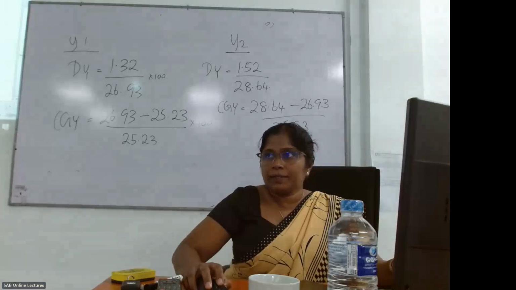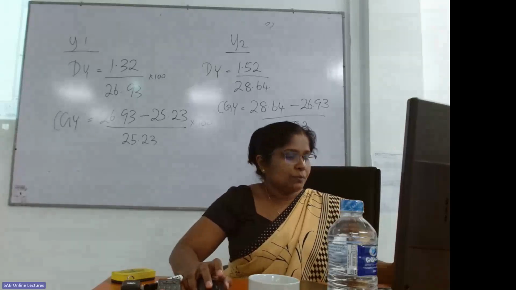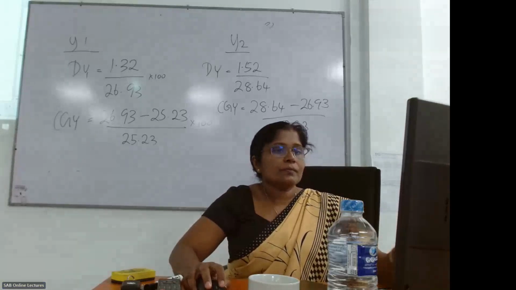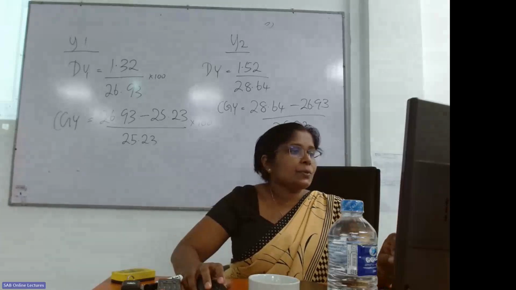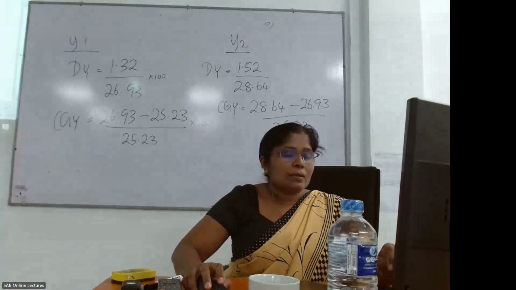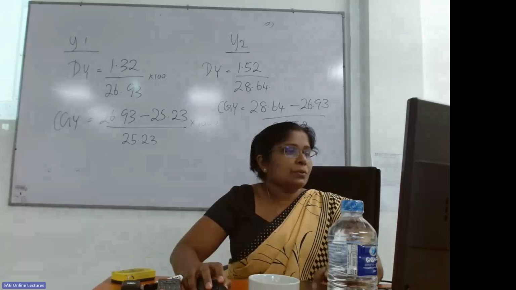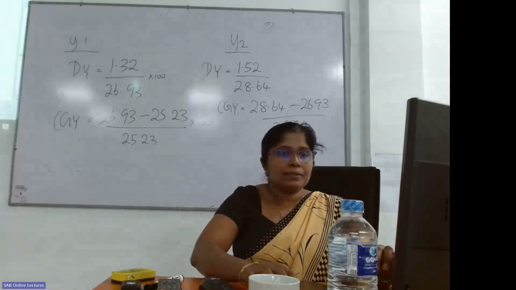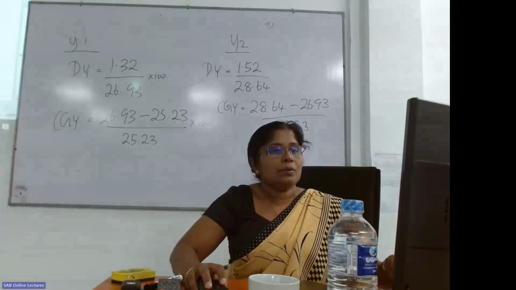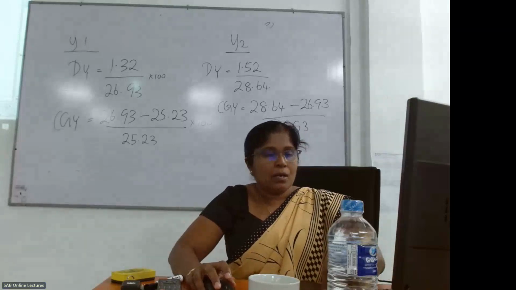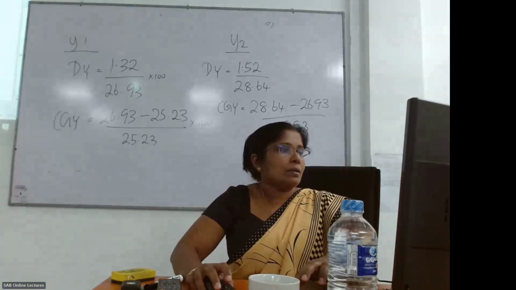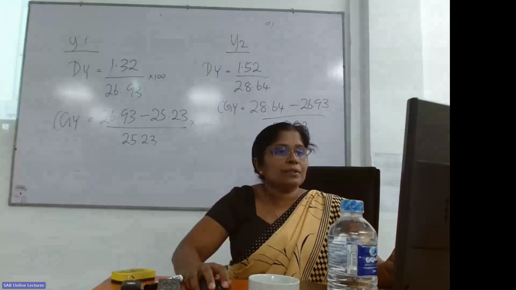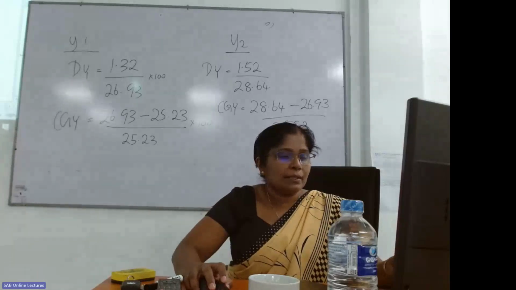6.75, right? Then year 2 dividend yield is equal to 1.52 divided by price, 28, into 100, which is approximately 5.30.